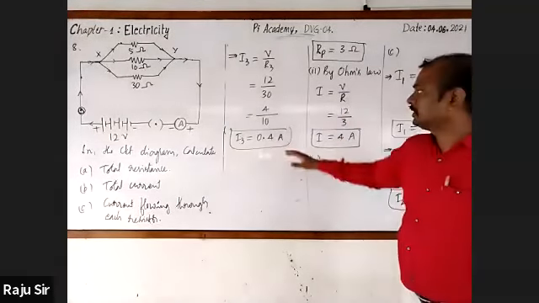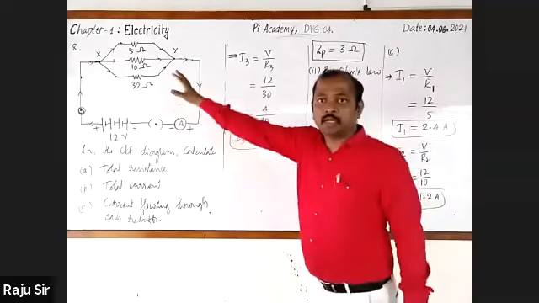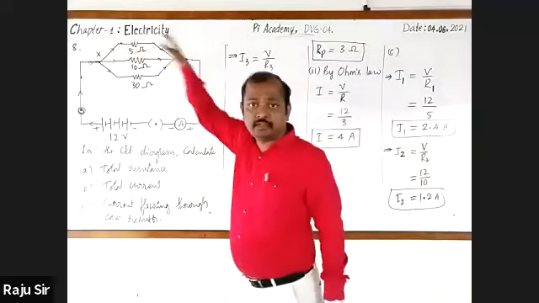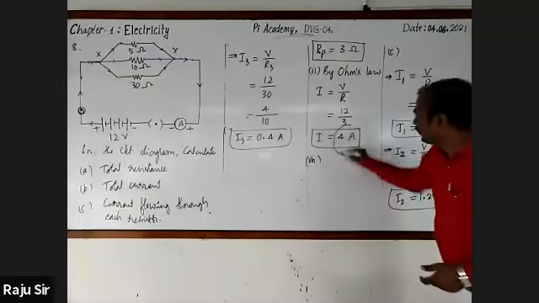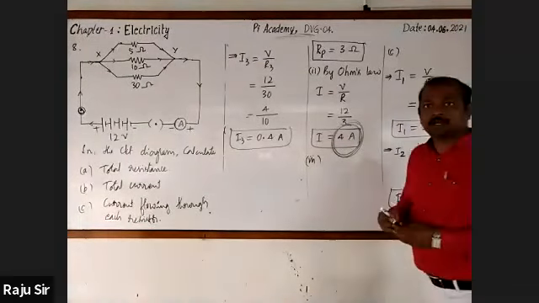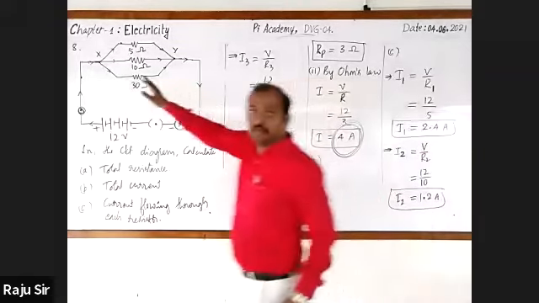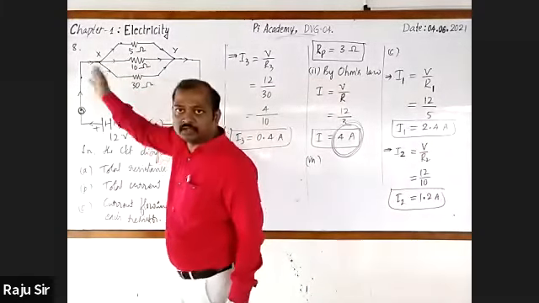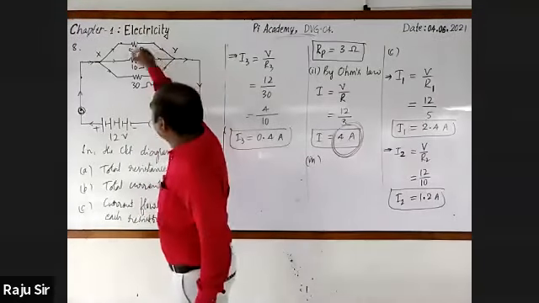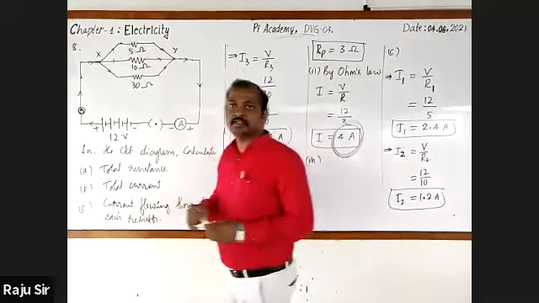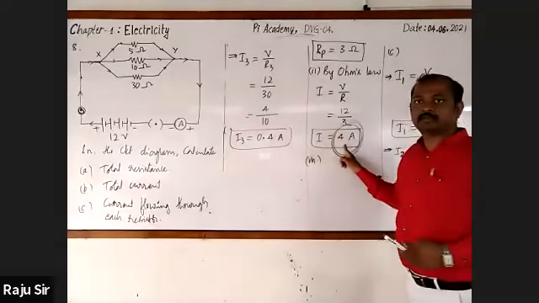Observe here. We know the total amount of electric current flowing in the entire circuit that we have found out. It is 4 amps. This amount of current has distributed to all the 3 resistors. Hence, the sum of current flowing through all these 3 resistors should be equal to 4 amps.